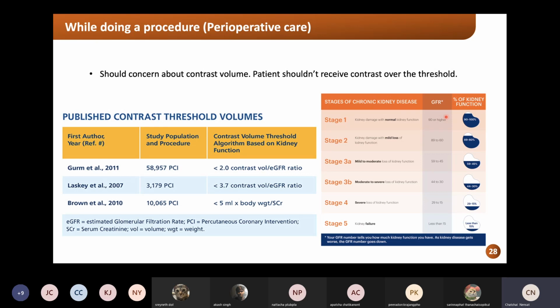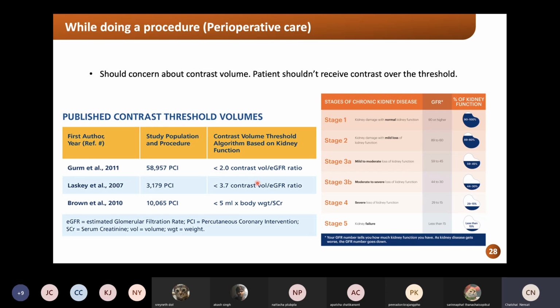All right, so you can assume that the maximum contrast media that we can give to the patient while doing the CAG and PCI is about not over 180 milliliters, according to the criteria from Gurm et al.